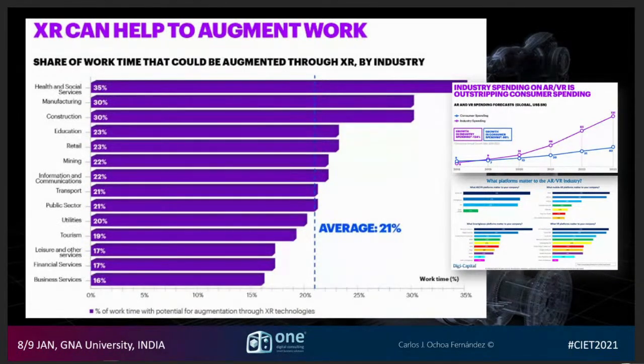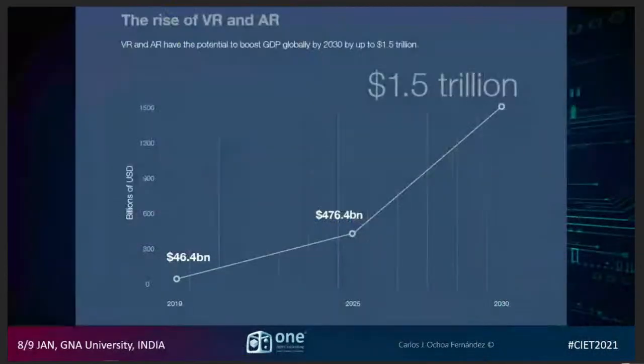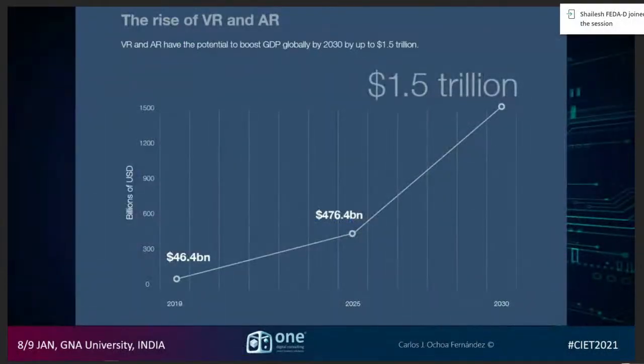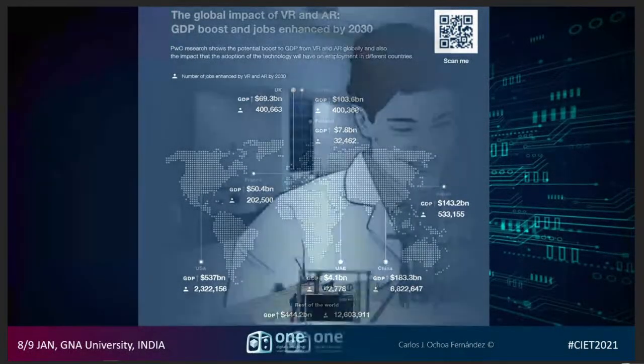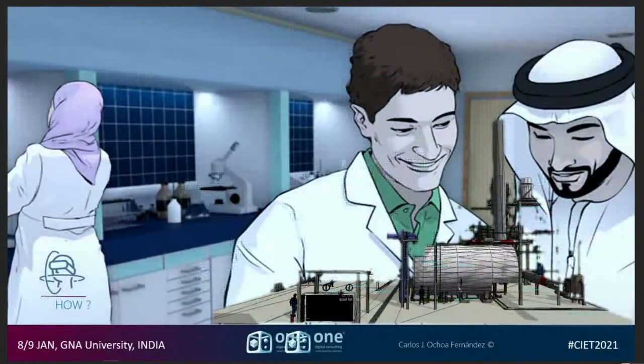If you want, you can drop me a line and I can share all these figures, because we have VARA Association studies that can support all this information. So the rise of VR and AR in the next year and the impact on the GDP will be really impressive. These are only some figures to support my words.